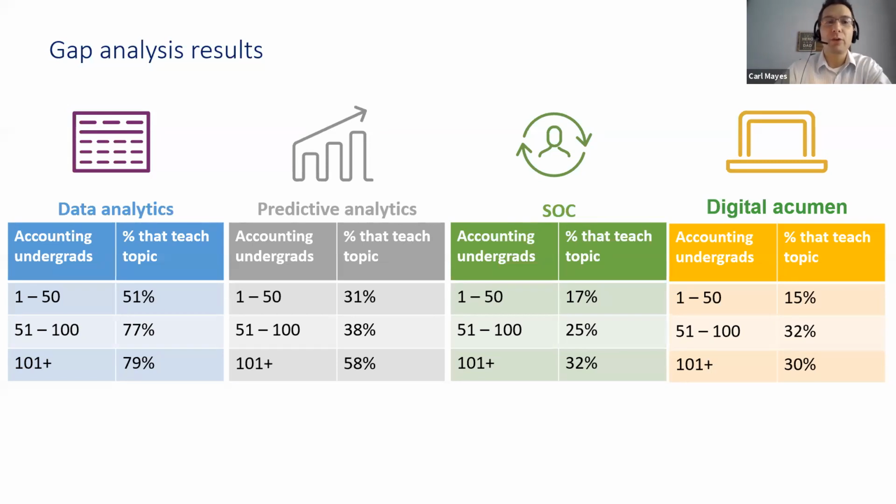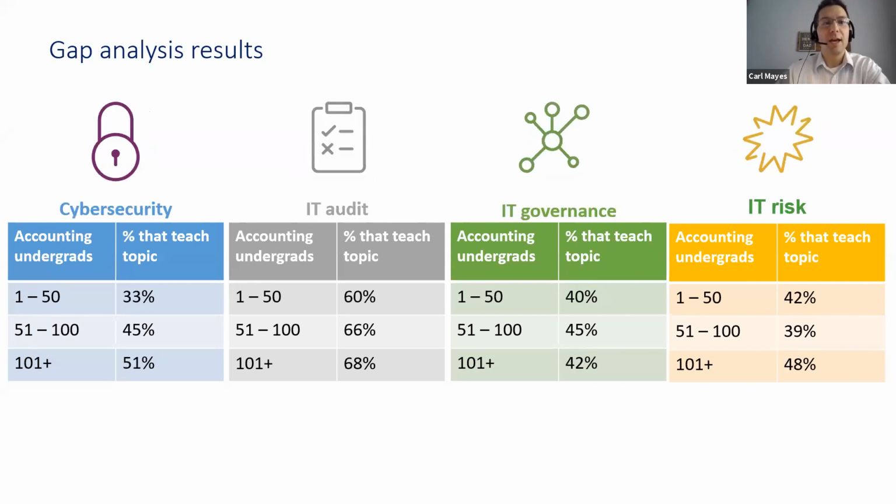And generally, what we're hearing, other than data analytics, is these are being covered in 1 to 2 class sessions, often within the AIS course. So we want to make sure that there's sufficient coverage to prepare somebody for the demands of practice in these areas.